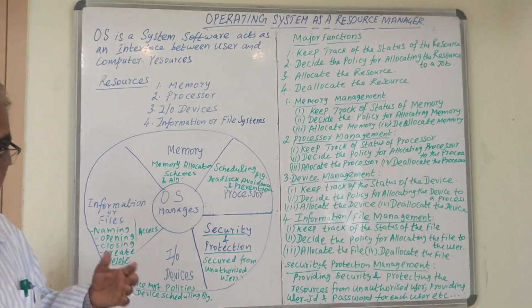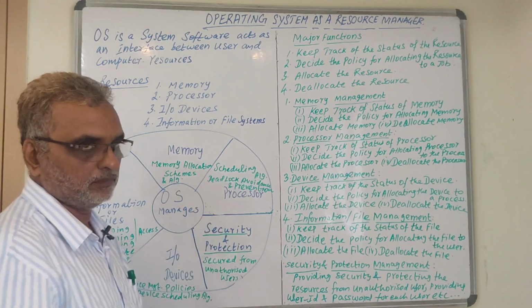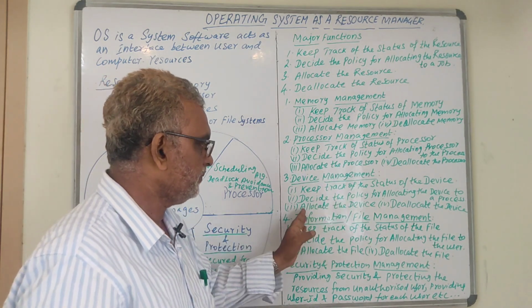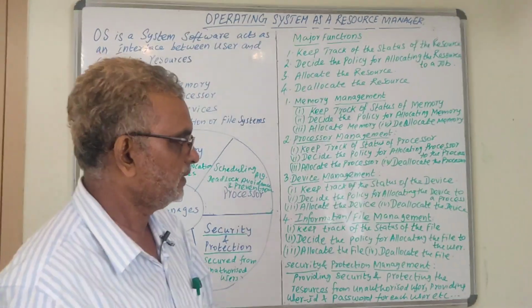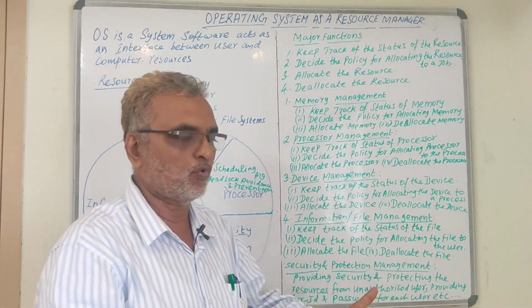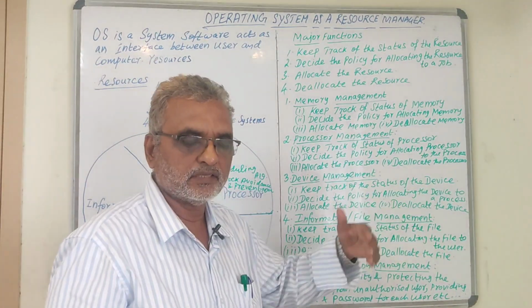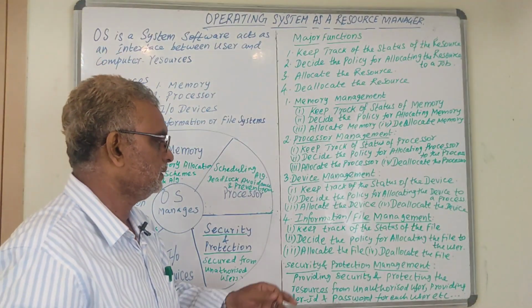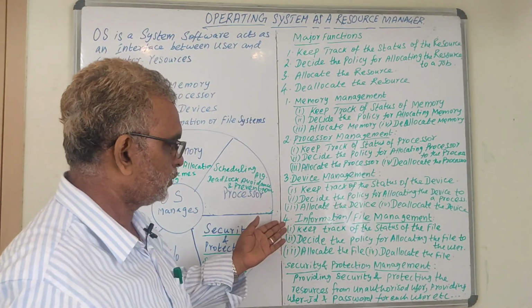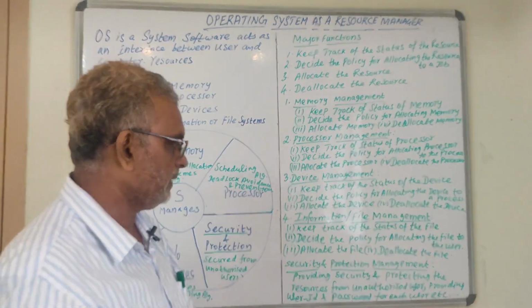Similarly, device scheduling algorithms are also available. After deciding the policy, allocate the device to the particular process. Once the process is over, the device should be deallocated, reclaimed.